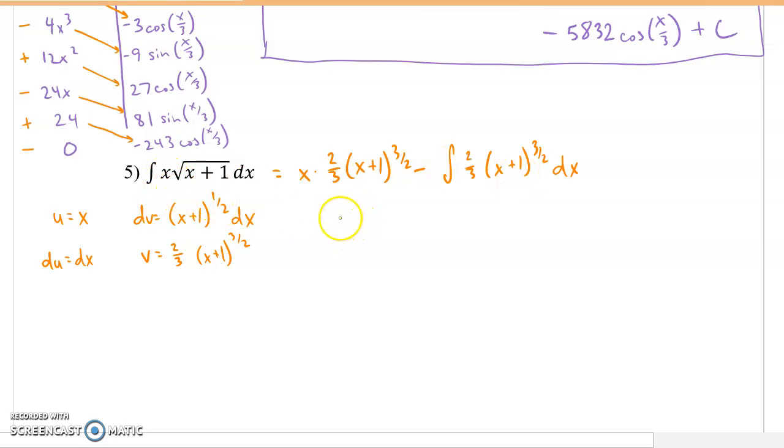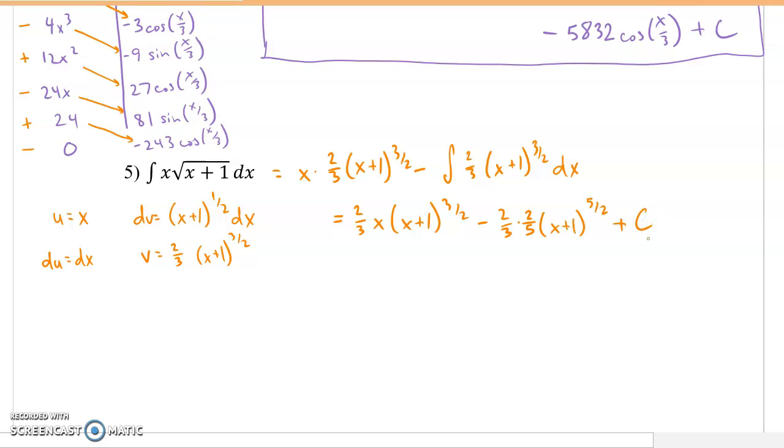So we can go ahead and actually do that problem, right? So this is 2/3 x times x plus 1 raised to the 3/2 minus 2/3, and then the integral of this. So the x plus 1 to the 3/2 plus 1 is 5/2, and then divide by 5/2, multiply by 2/5, and that's your final answer.